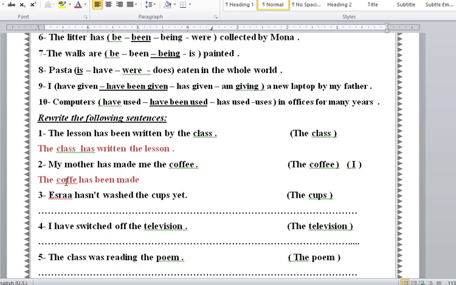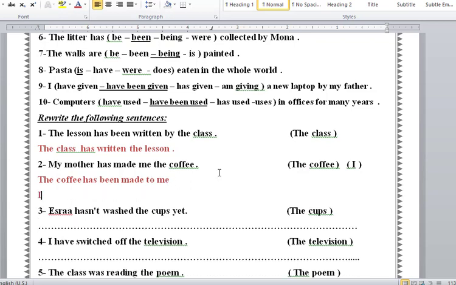Has been made by my mother or without my mother to me. Okay, here we have a missing letter. Yeah, here we are. And he also wants us to use I, so we will write I have been made a coffee by my mother or without by my mother.